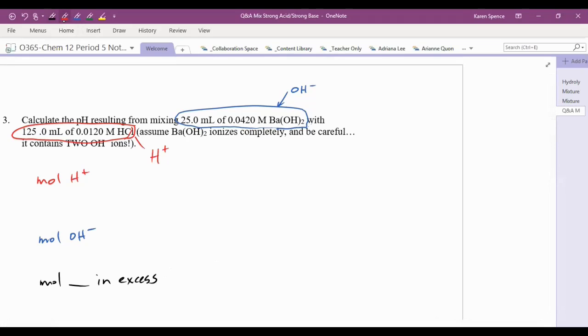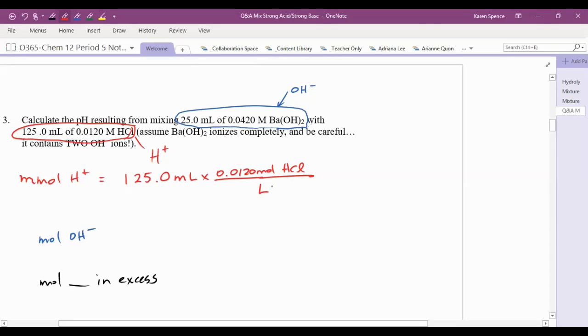So let's start by finding the moles of H+, and I'm going to make this millimoles because it makes our life easier. So we have 125.0 milliliters times 0.0120 moles of HCl per liter.